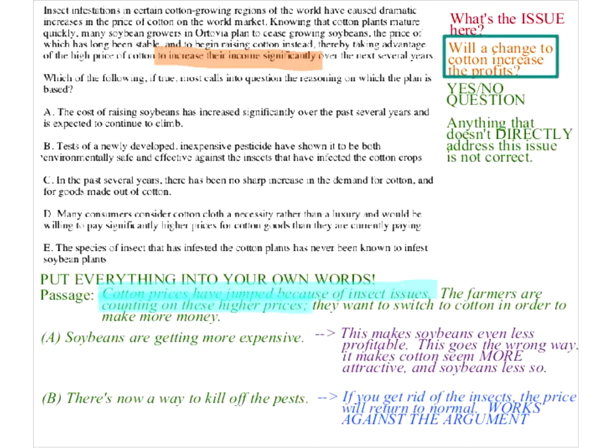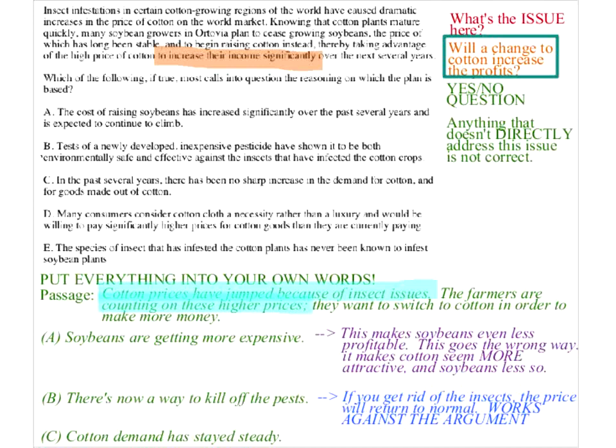Versus C is, there has been no sharp increase; cotton demand has stayed pretty much the same. That doesn't really help you, and it doesn't really hurt you. It just doesn't really have any effect.